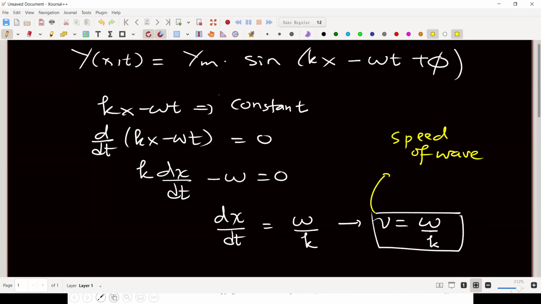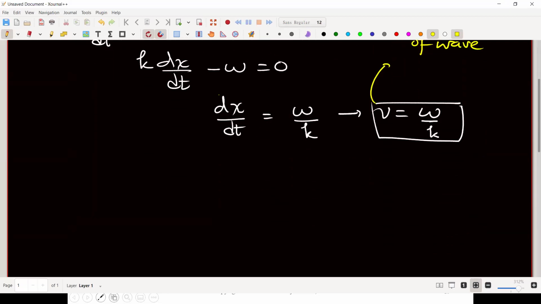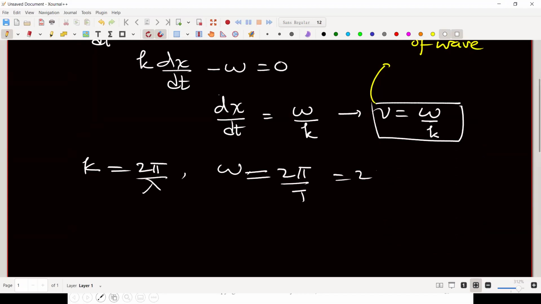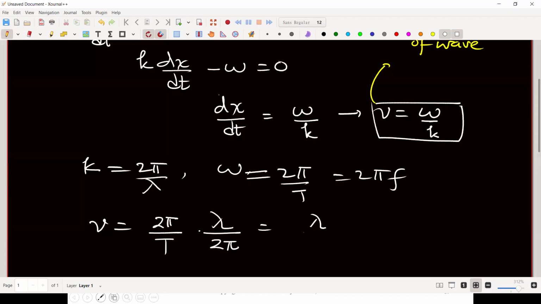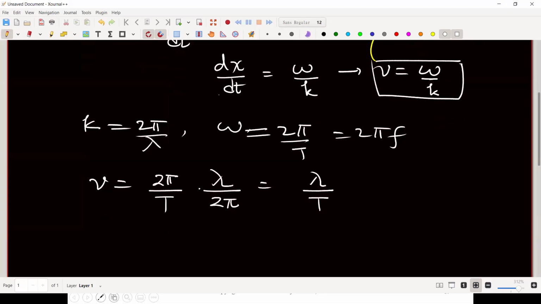Before, we know the relation that k is 2 pi divided by lambda, and omega is 2 pi divided by T, or 2 pi times frequency. So v equals omega over k, which is lambda divided by T, or lambda times frequency.